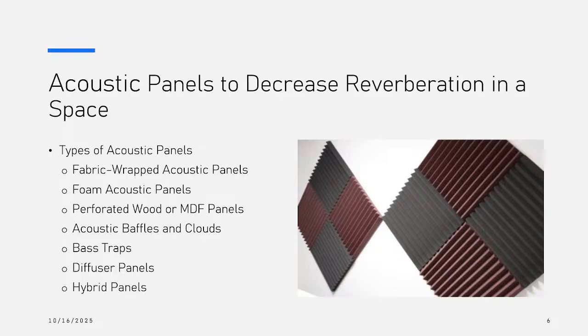They work by absorbing sound energy, especially mid and high frequency reflections, so that fewer waves bounce around the room. Instead of sound reflecting repeatedly off hard surfaces, the panels convert much of that sound energy into a small amount of heat within their porous materials, preventing excessive echo and creating a clearer, more controlled acoustic environment.